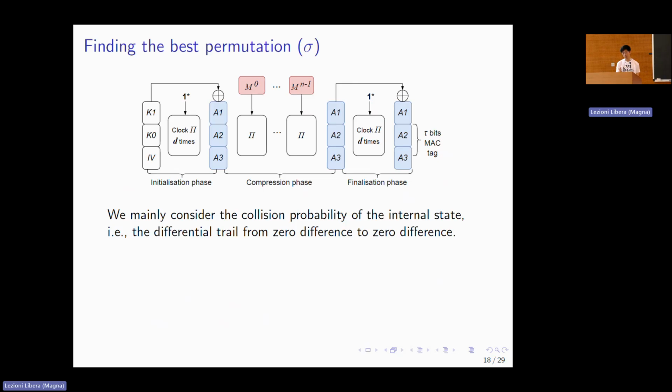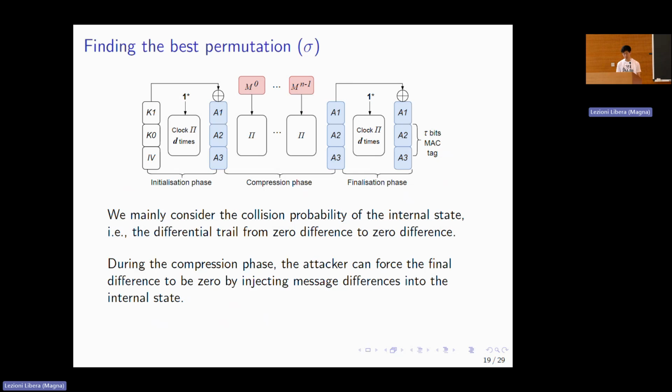For the initialization phase and finalization phase, the attacker doesn't have any capability to insert value inside. So if we clock enough rounds, typically it's secure enough. So our work mainly focuses on the compression phase. During the compression phase, the attacker can insert some message differences.